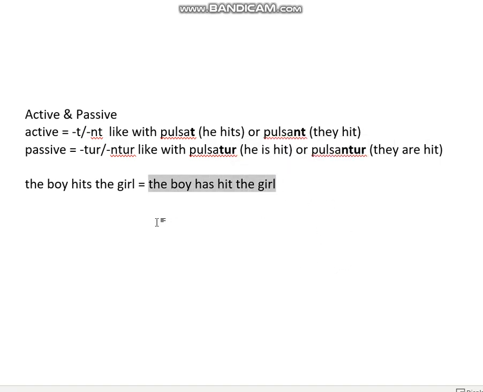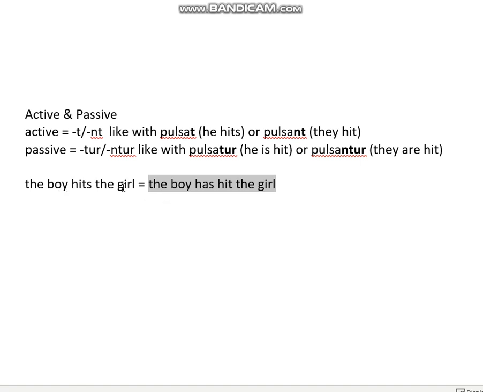Instead, if you want to make this into a passive sentence, and a lot of the questions on your worksheet are just, I just want you guys to get into the habit of turning an active sentence into a passive sentence. That way you can sort of fix in your mind what a passive sentence looks like. To turn this sentence into a passive sentence, you flip the object and the subject.